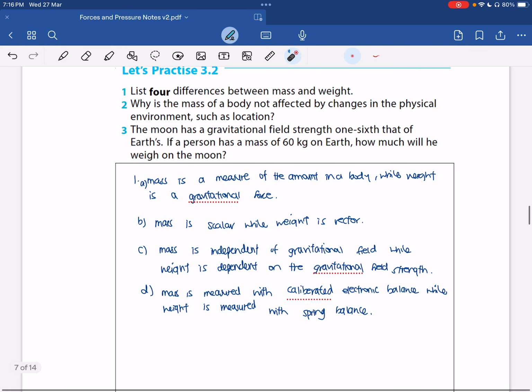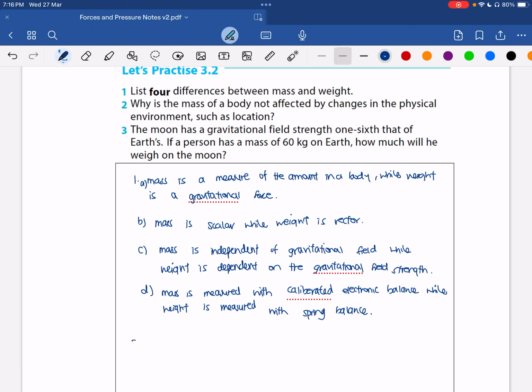Why is the mass of a body not affected by changes? Simply put, because mass is inherent.